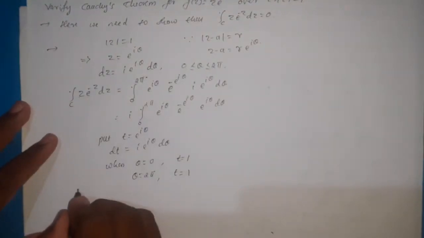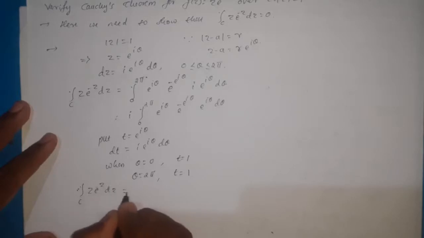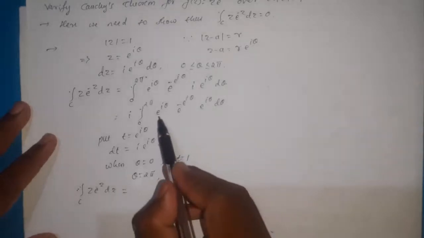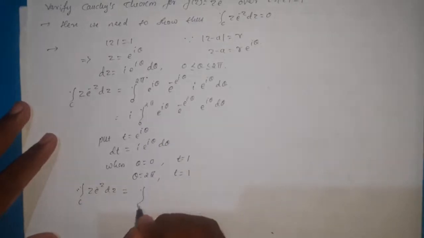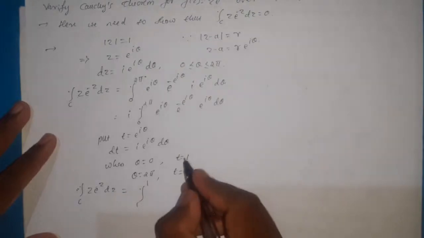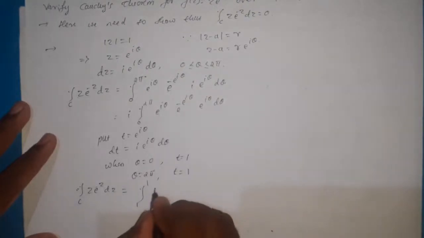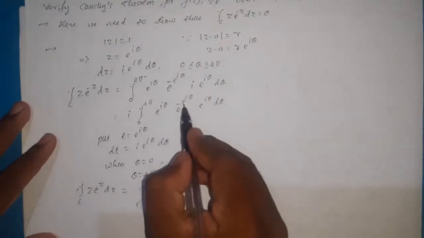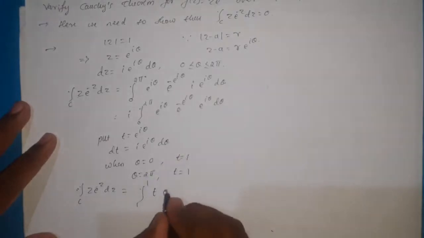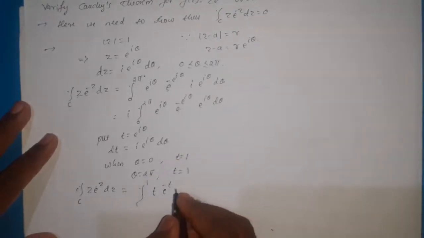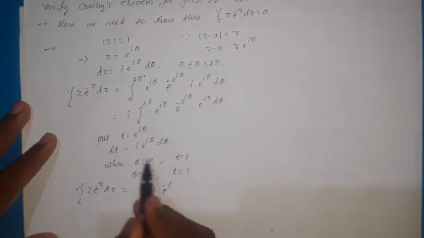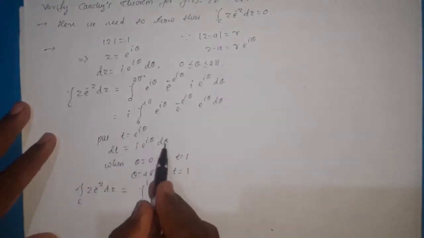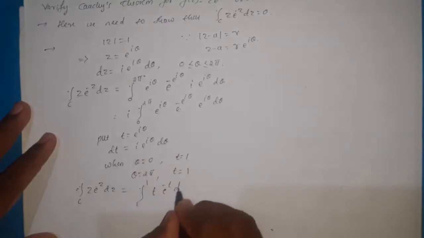So now the integration over C of z e power minus z dz is equal to, here e power i theta is t and the limits are from 1 to 1. So e power i theta is t and e power minus e power i theta is e power minus t, and i into e power i theta d theta is equal to dt.